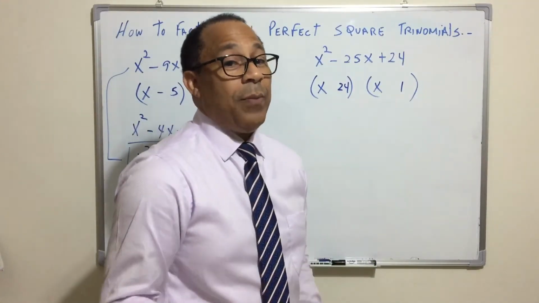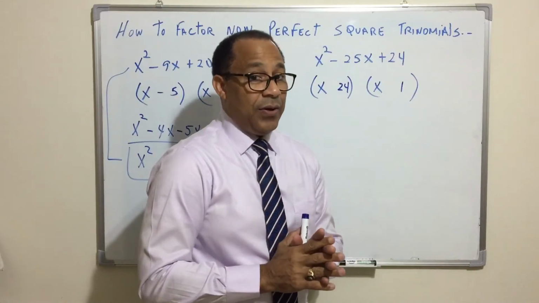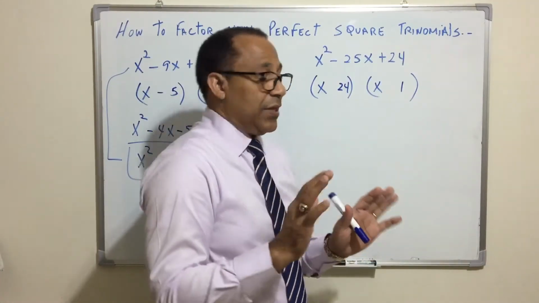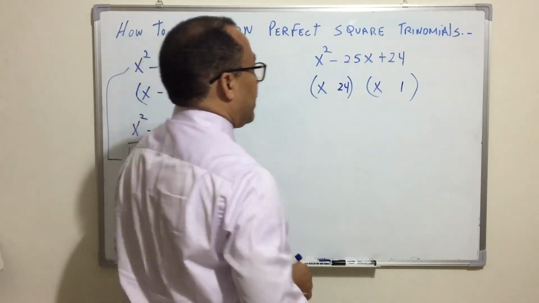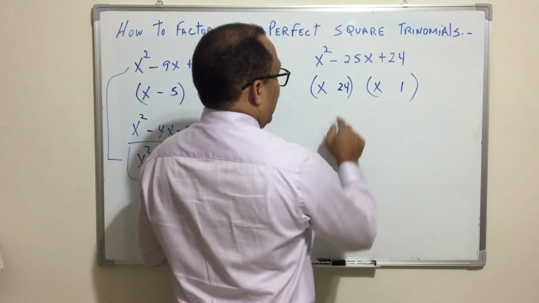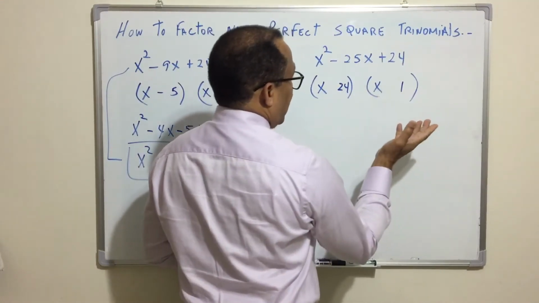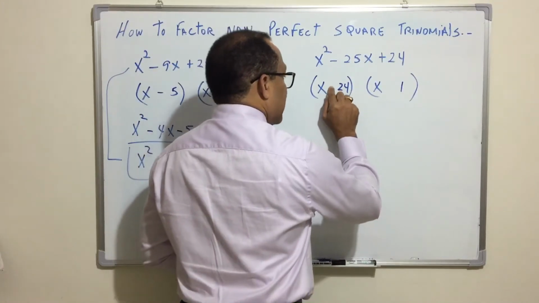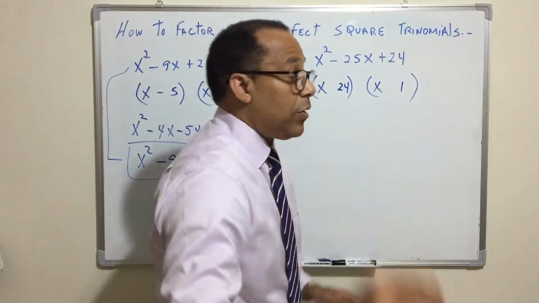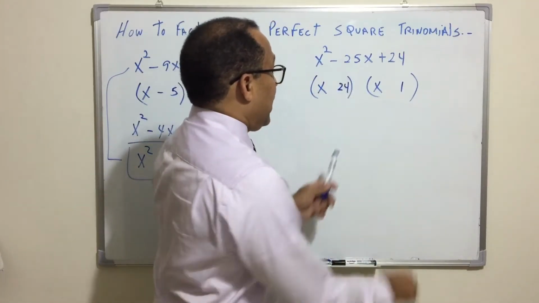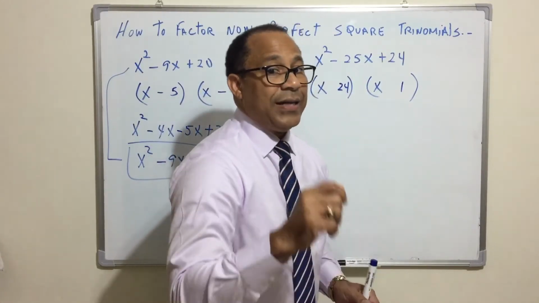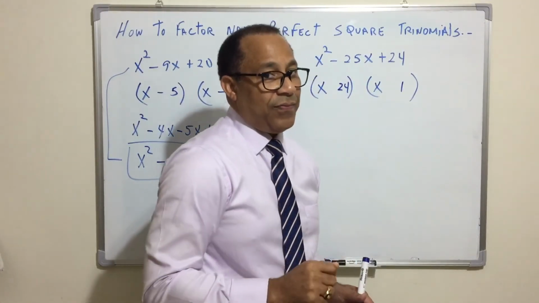I got the numbers, but I need to get the signs now, positive or negative. Let's figure this out. The 24 must be positive when multiplying. It means that both signs must be the same, because positive times positive is positive. But the second term says that when you add these numbers, you must get a negative 25.